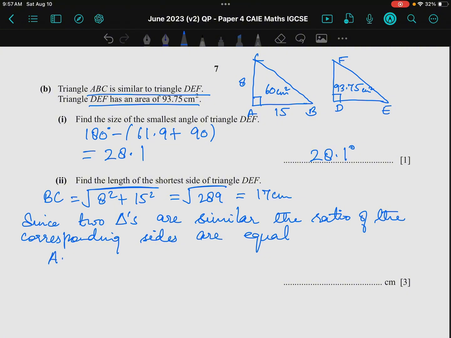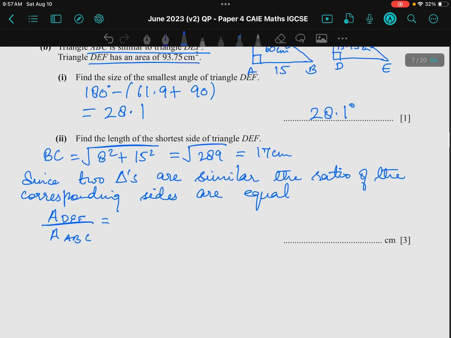Therefore, area DEF upon area of ABC is equal to length of DEF smallest side upon length of ABC, whole square. So this is given as 93.75 upon 60.